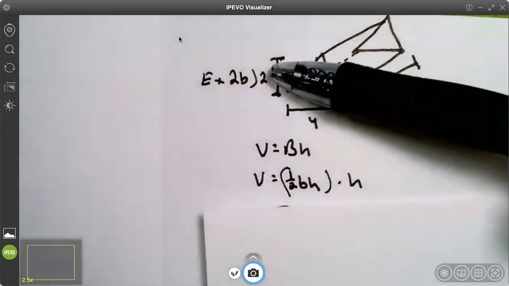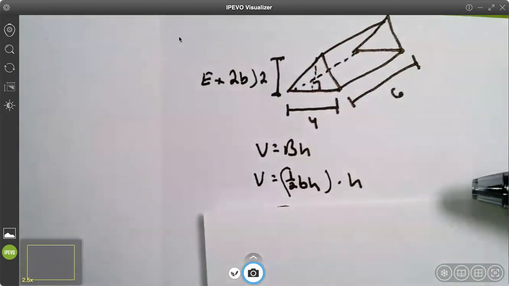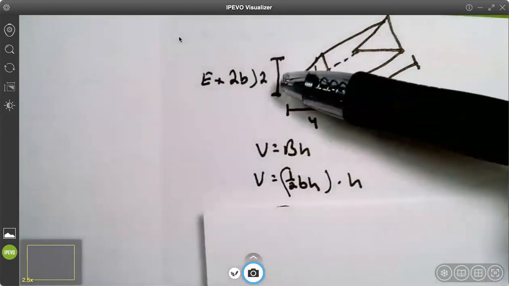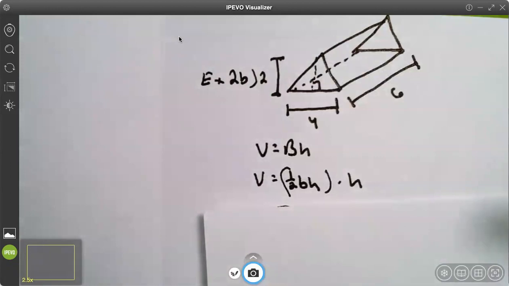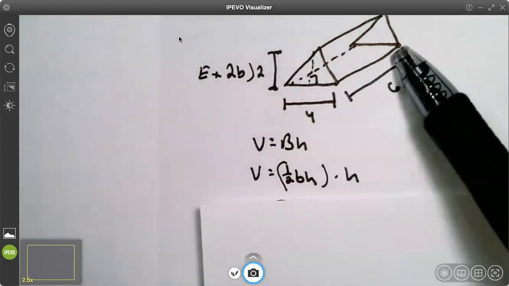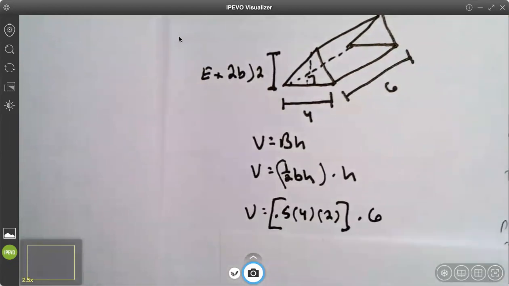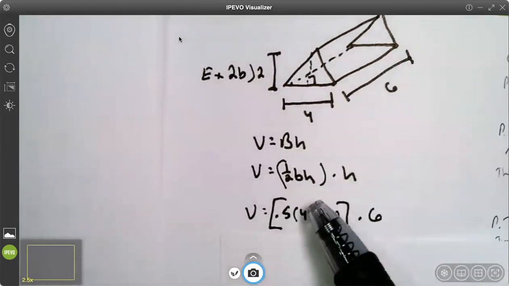Now you can get these two mixed up. It does not matter which one of these you decide is the base and which one's the height. 4 is the base and 2 is the height. But if you mix them up, it doesn't matter, because it doesn't matter what order you multiply in. What does matter is that 6 is the distance between the two triangular bases, so that is the height of the prism. So I find the area of the triangle, half the base times the height.